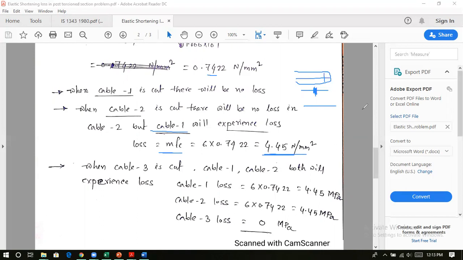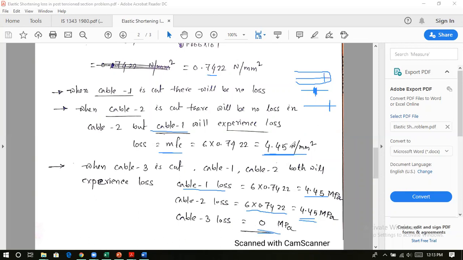Now, if we cut the third tendon, both the first and second tendons will experience losses due to elastic shortening, and the value can be calculated the same way as m into fc. So similarly, the loss in cable 1 will be 4.45, the loss in cable 2 will be 6 into 0.7422, that will be again 4.45, but the loss in cable 3 will not occur, so the loss in cable 3 will be 0 MPa.